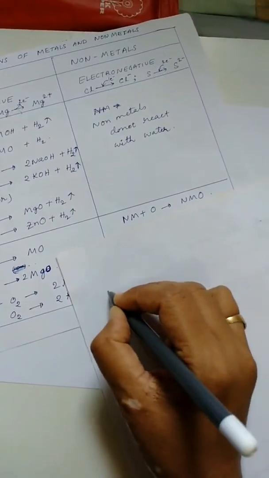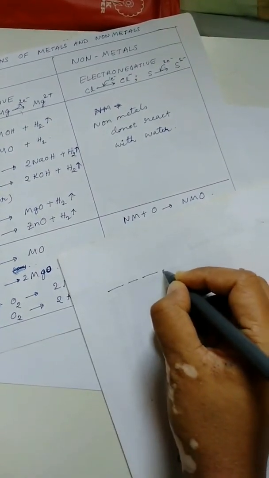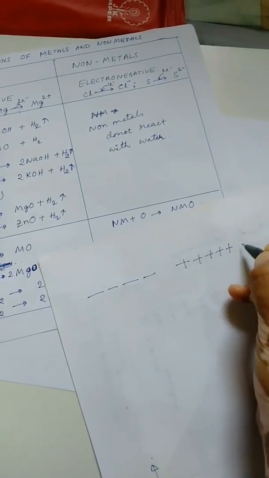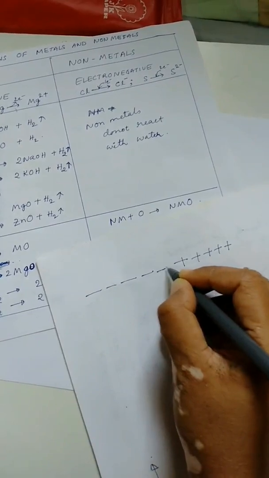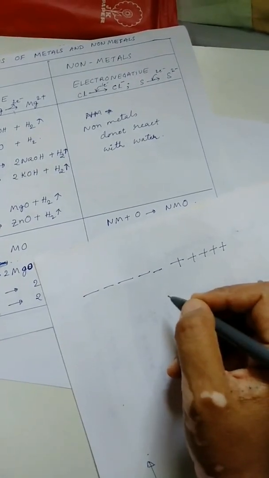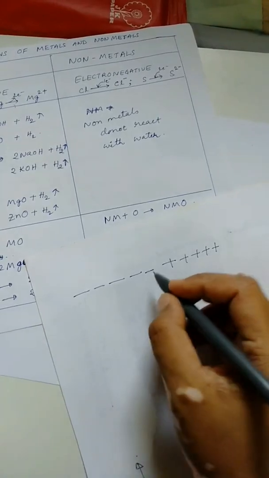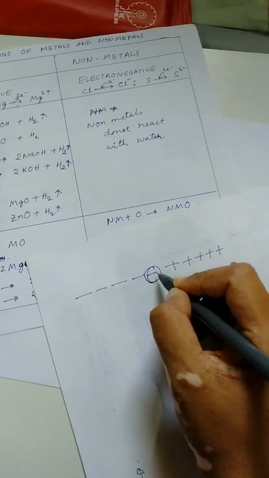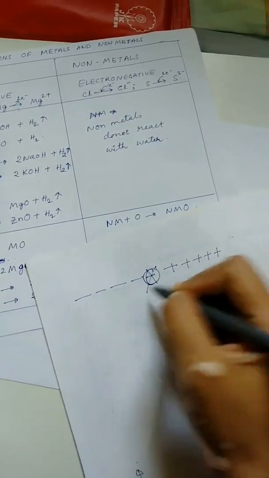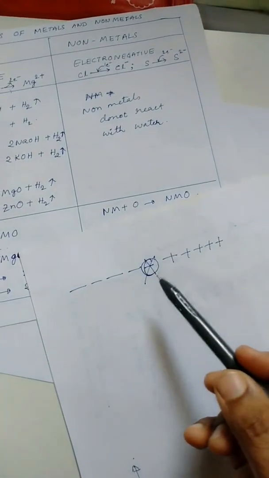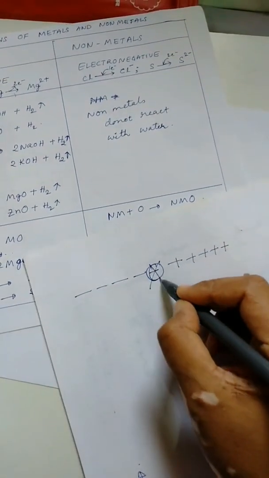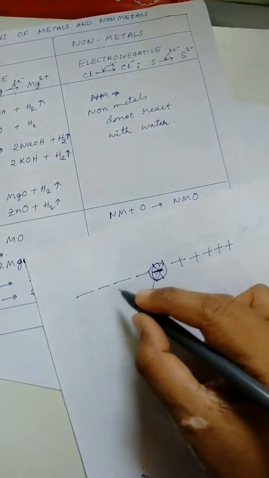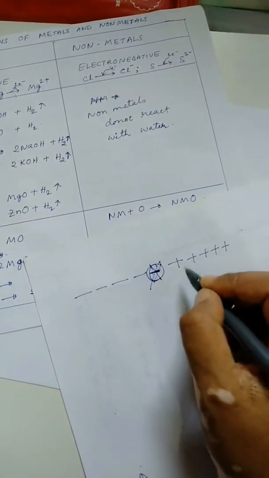Let us consider that there is an atom which contains 5 electrons and 5 protons. Now, for instance, if it loses one electron, we all know that electrons are negatively charged, right? Now, if it loses one electron, one negative charge is lost. So let us see what is the net charge now present in the atom.